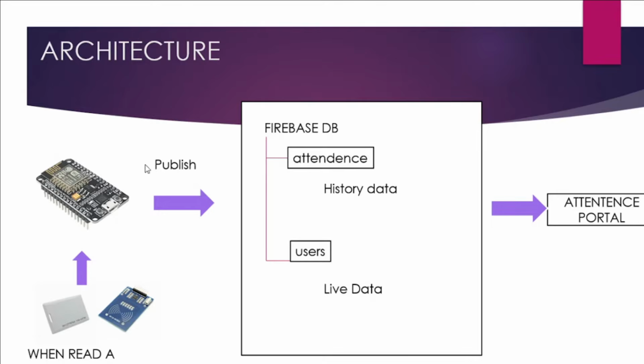Talking about the architecture, we have this NodeMCU, and the first few steps are very simple: we are scanning the RFID tags through the reader, and the data inside these tags, which is basically the UID, we publish to the attendance and users keys. In the Firebase database, we have attendance and users as our main keys, with a tree structure inside for history data and live data, which we will see in the next part where I will implement everything from scratch.